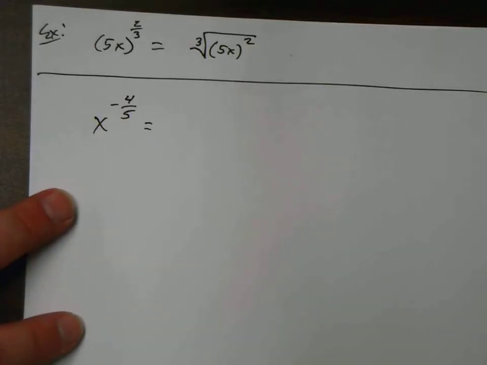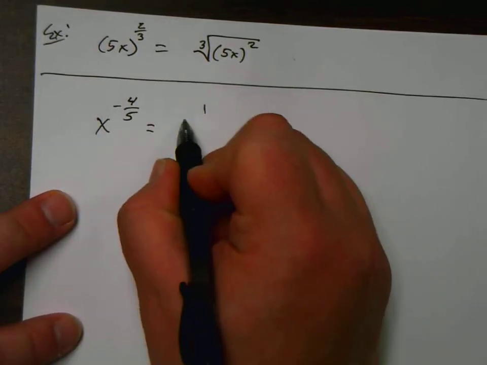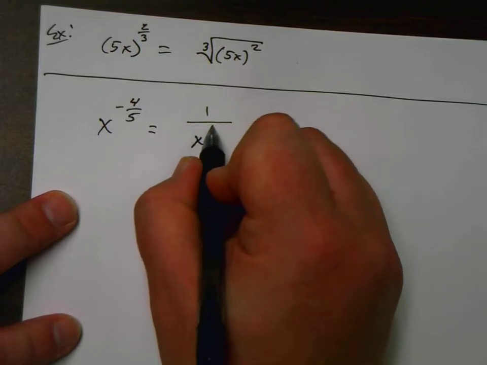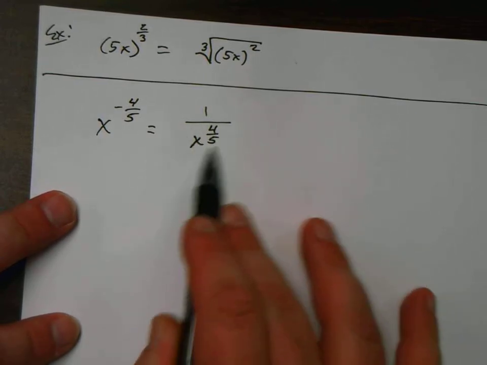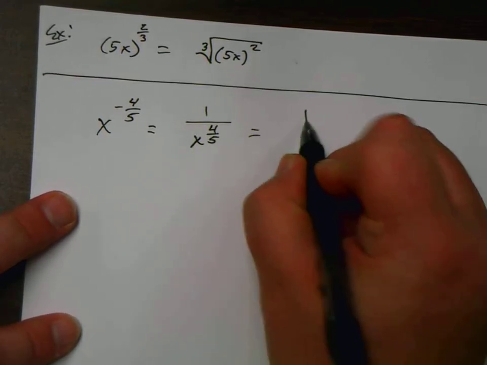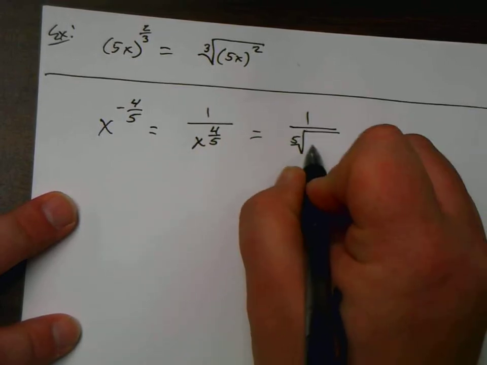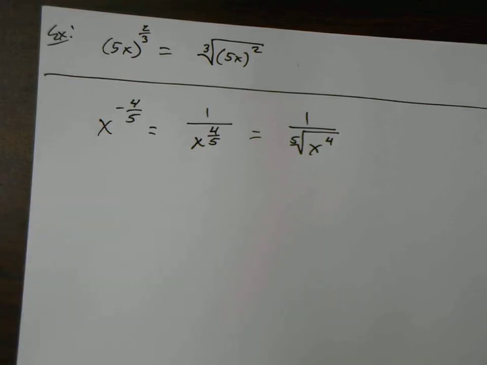All right, well, what does that mean? Well, I don't have a fraction here to start with, so now I have to create a fraction. And now x will then be raised to the +4/5 power. And then I have to convert this into radical form. So then I'll still have 1 over, and the index here is a 5, and x raised to the 4th power.